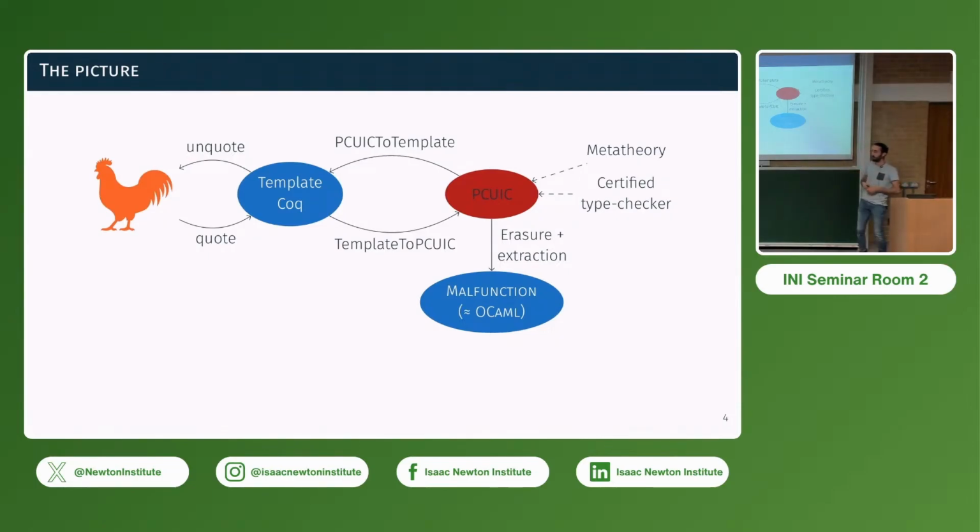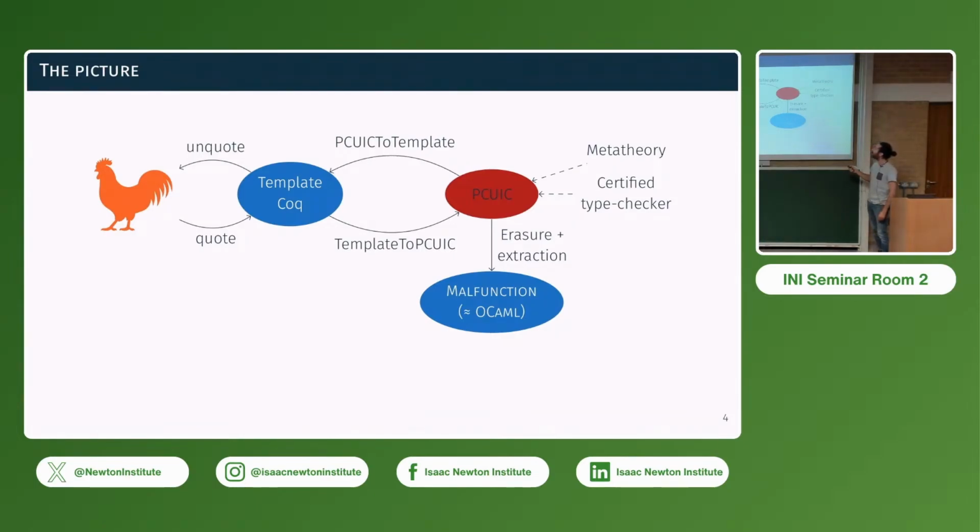You have a data type of terms and a data type of environments and contexts and universes and all of these sort of things. And you have Coq commands to take an actual Coq program, quote it into this data type, and then unquote it back once you're happy with it. So that was the original infrastructure, which I'm not going to talk that much about because this bit is the uncertified bit.